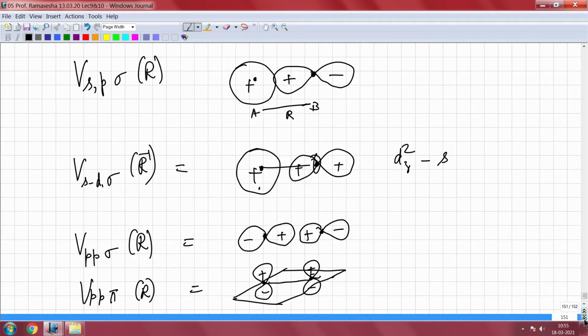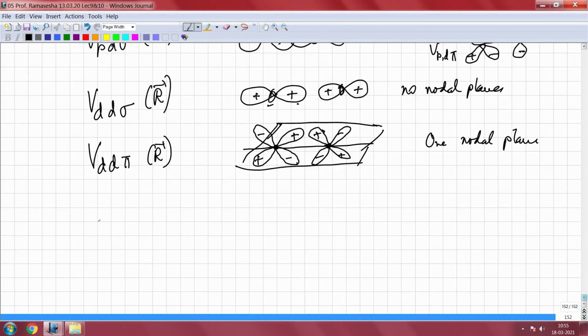With d orbitals you can also have another kind of overlap which is called dd delta. DD delta involves the following: let me take a d orbital here and another d orbital here. You will have plus plus minus minus plus plus minus minus.